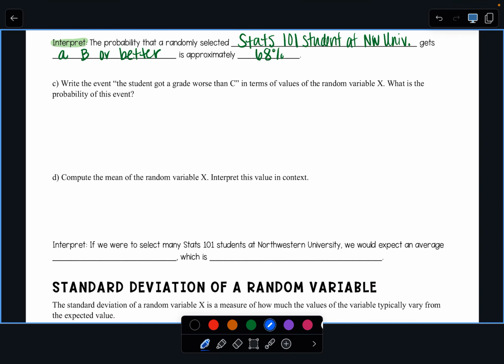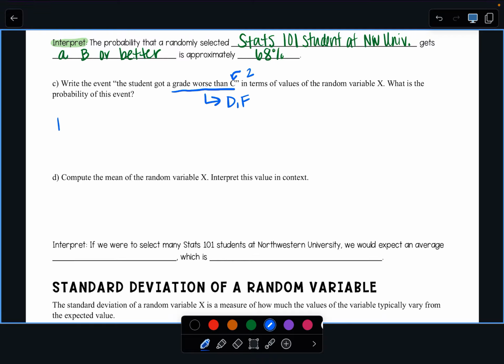Now, write the event. The student got a grade worse than C. So that would mean they got a D or they got an F in terms of values of the random variable X. What is the probability of this event? So the one thing to remember is a C is represented by a 2. And so I want everything less than 2.